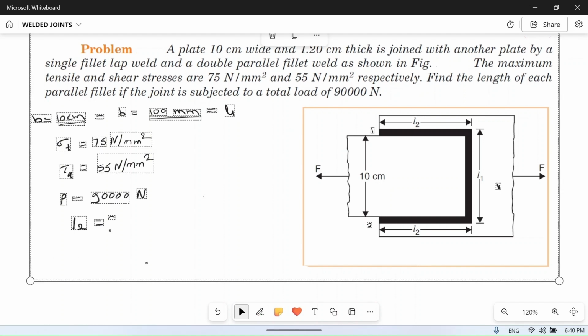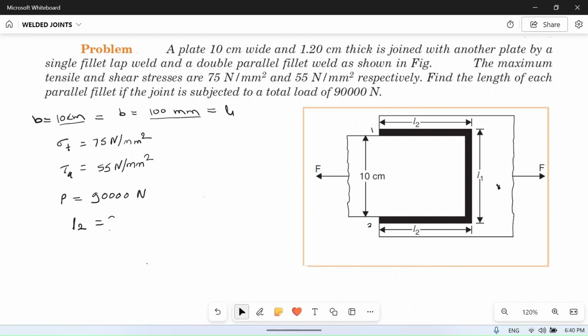One more thing, you can see from the diagram that if we are applying force in this direction, then this weld, which is of length L1, will be under tensile stress, and these two L2 length parallel fillet welds will be under shear stress.